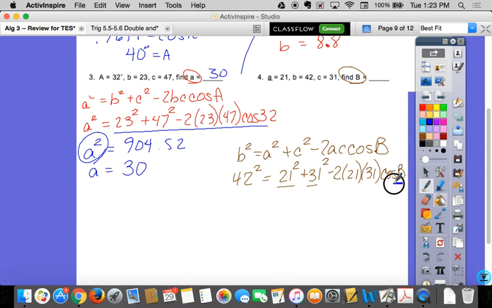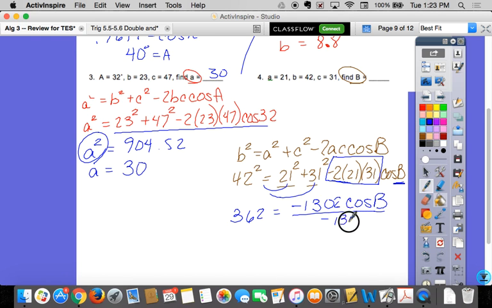Since this is my variable, these two have to move over. So you're going to type 42 squared minus 21 squared minus 31 squared. Now, this one's slightly different than what we've been doing because this number actually comes out positive. That's slightly weird. Then when you multiply that together, it will be negative. So keep up with your signs, your positives and negatives. Okay, you're going to divide by negative 1302.